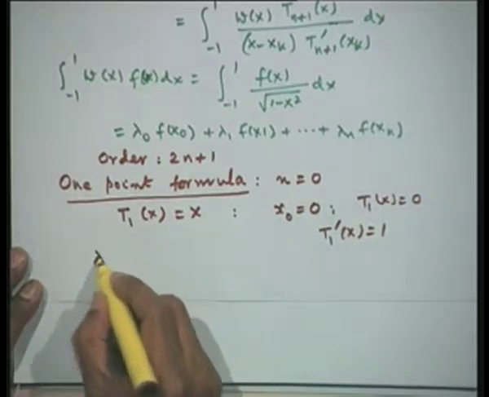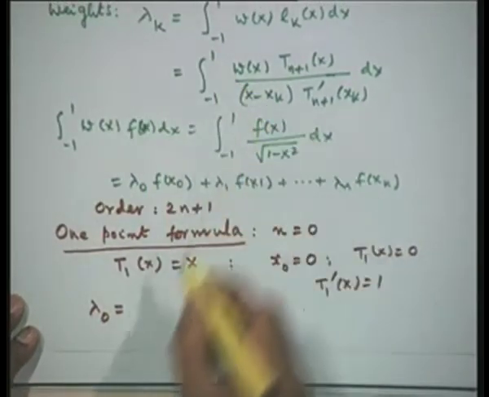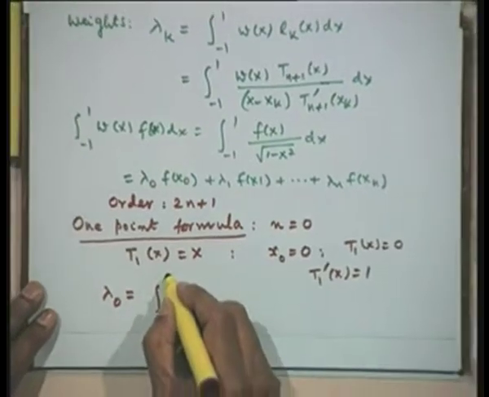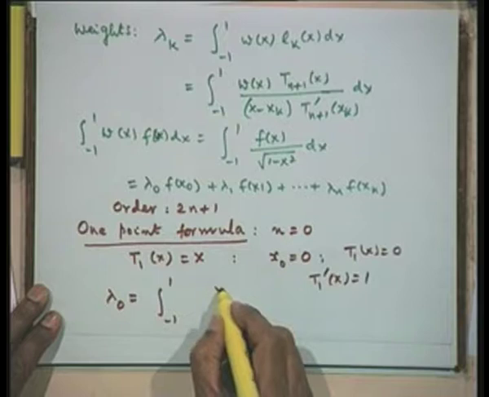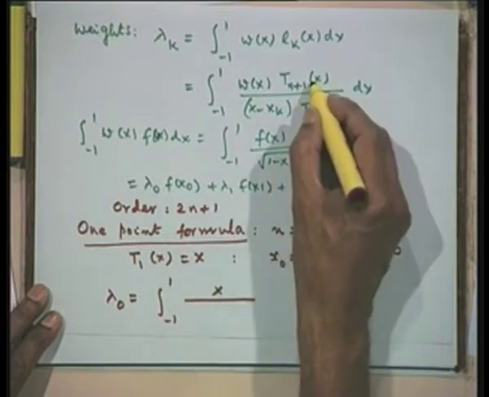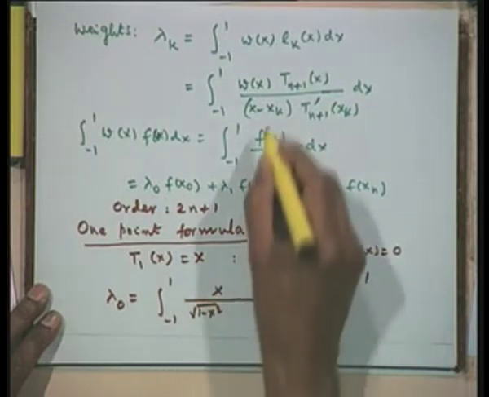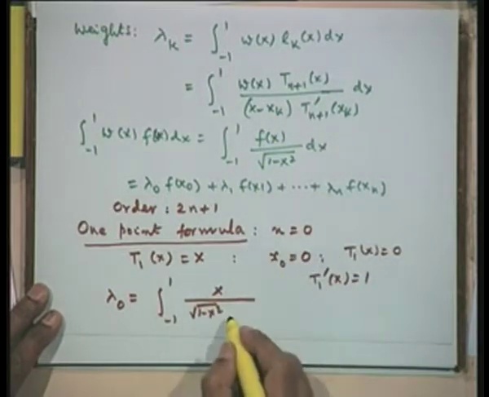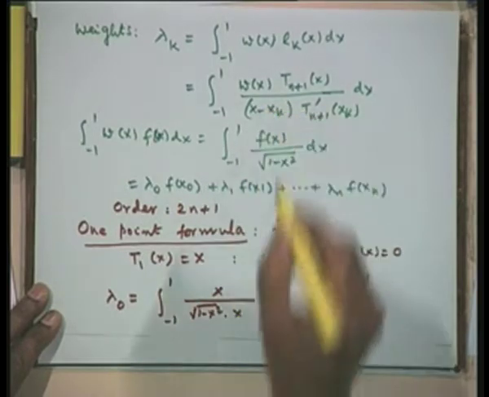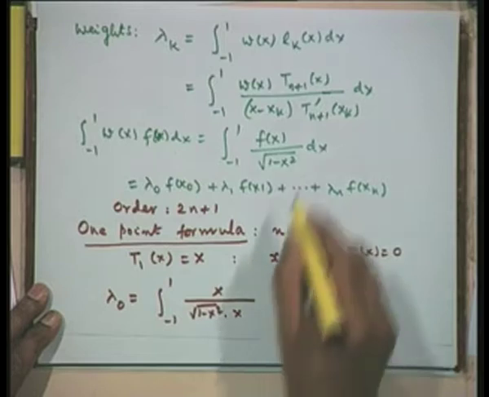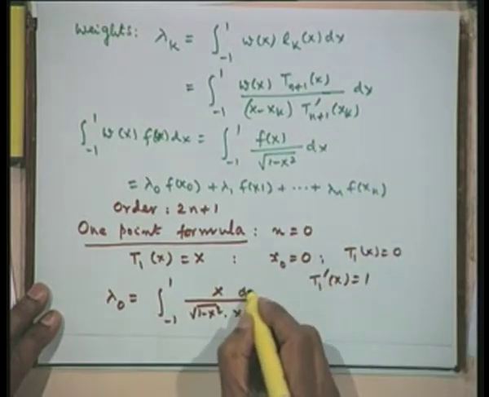Therefore, lambda 0, let us put k is equal to 0 here. So, I will get here the integral from minus 1 to 1, the t 1 is x in the numerator, w(x) is 1 upon under root of 1 minus x squared, divided by x minus x k, therefore, I will have x minus 0. x k is 0, derivative is 1, this is simply dx.